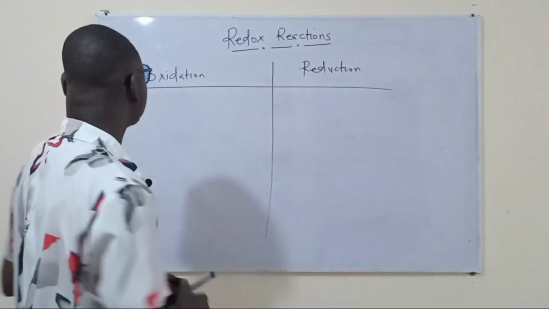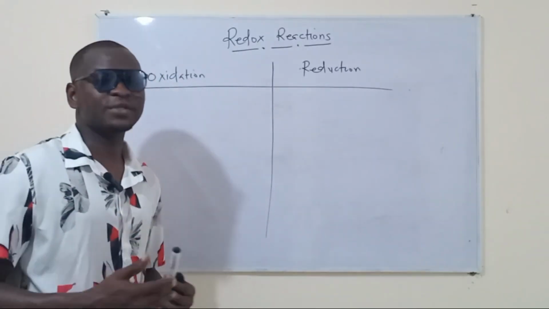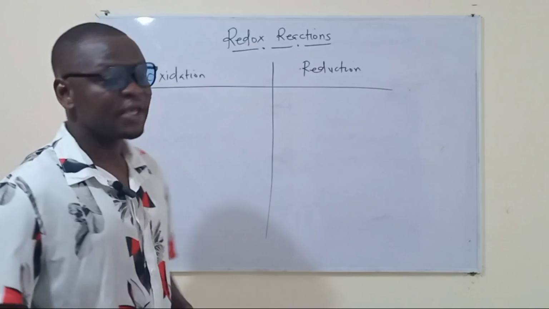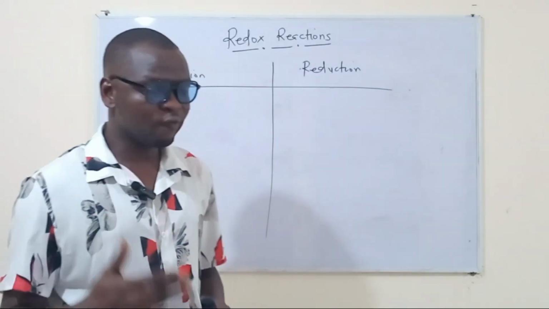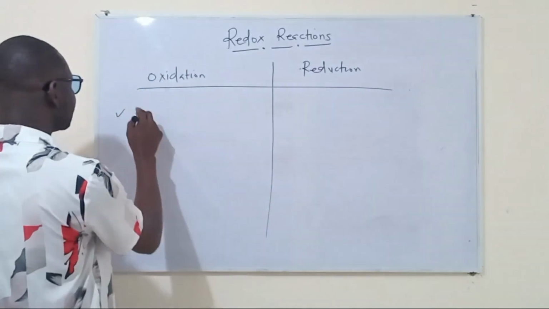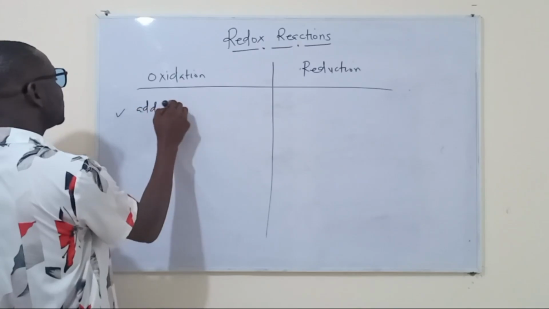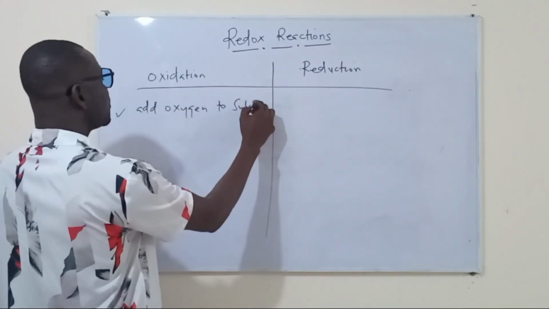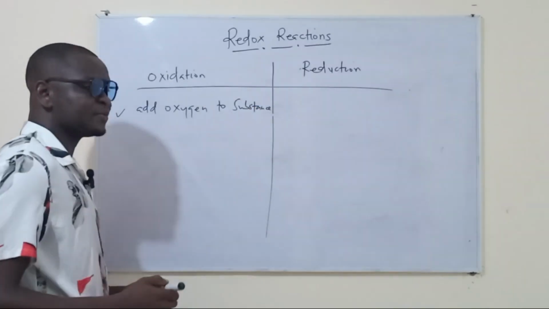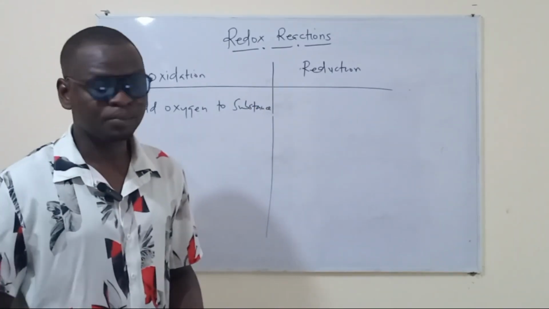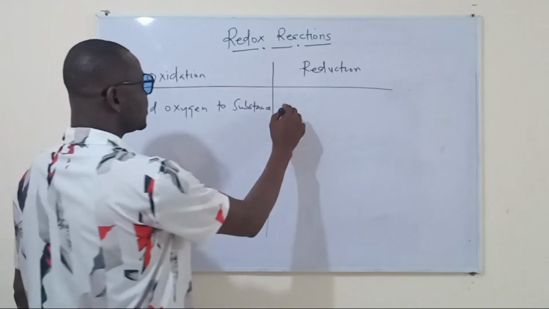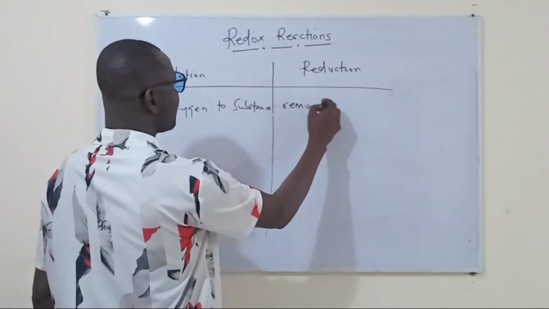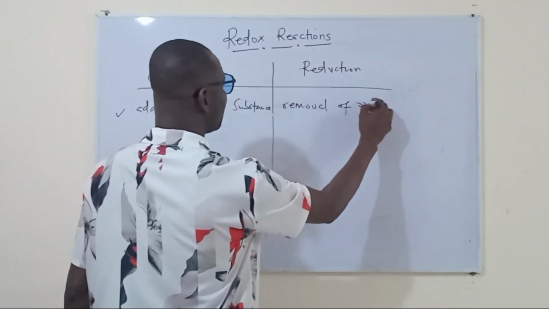When we talk about oxidation in redox, we say oxidation is the addition of oxygen to a substance. So when we add oxygen to a substance, we say that substance has undergone oxidation, whilst reduction deals with the removal of oxygen.